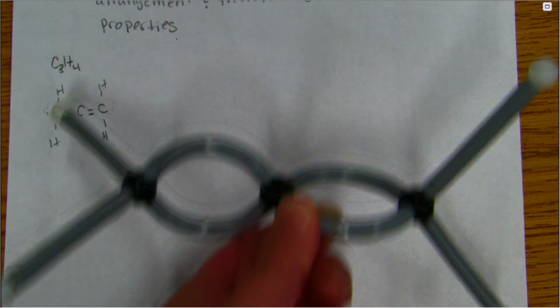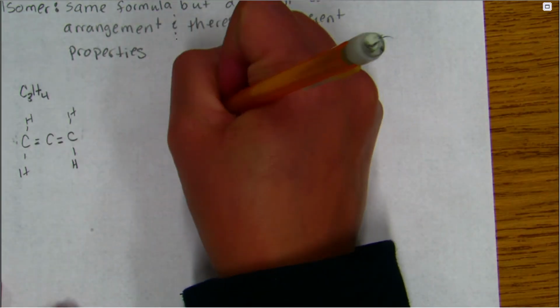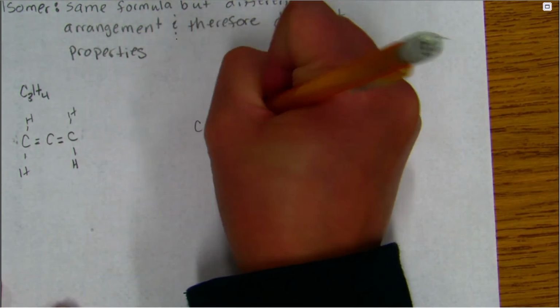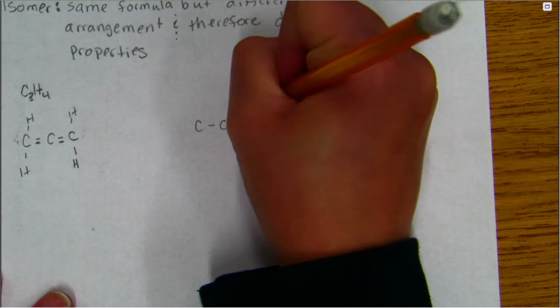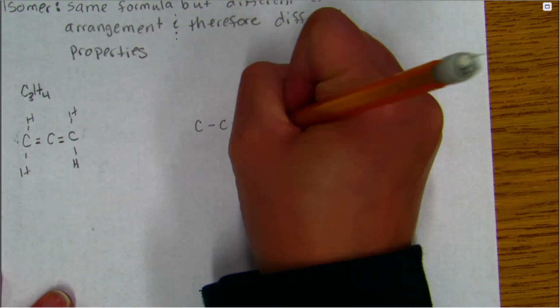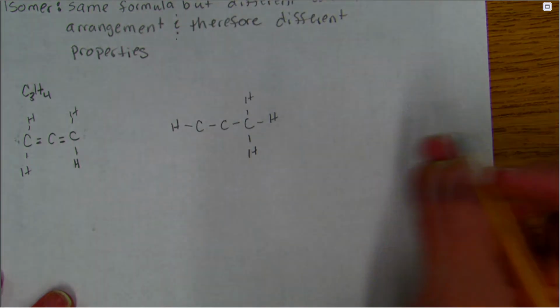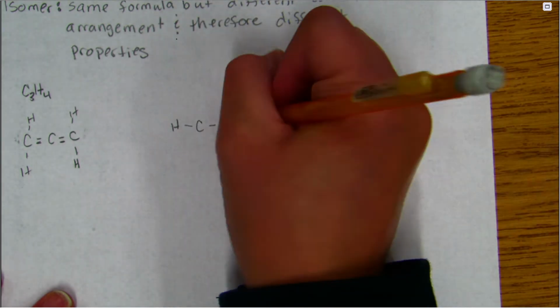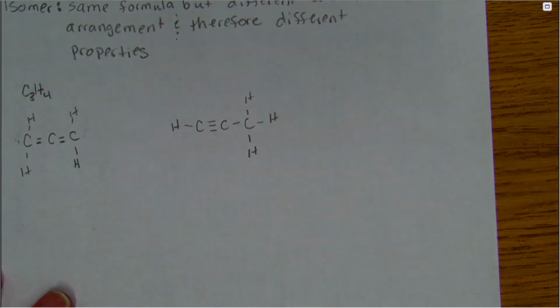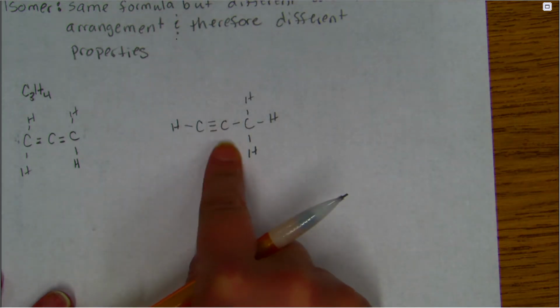Now, another way to draw C3H4 is I can, again, put my carbons in the center, and something like this, where there is a triple bond between the first and second carbon here.